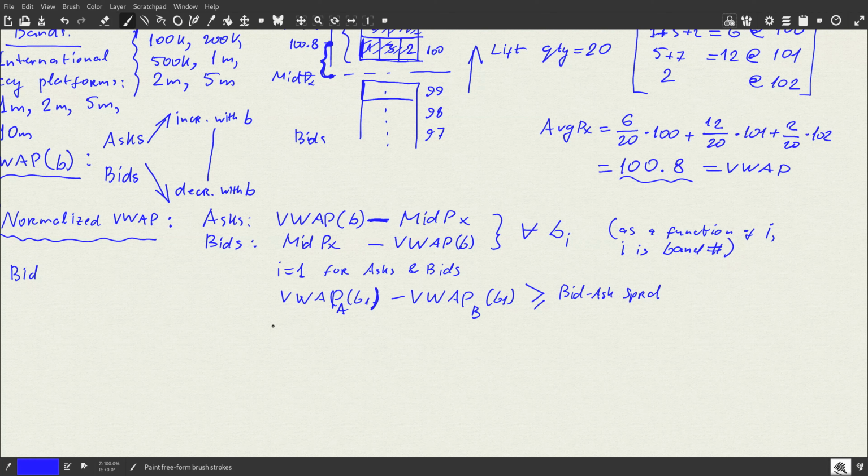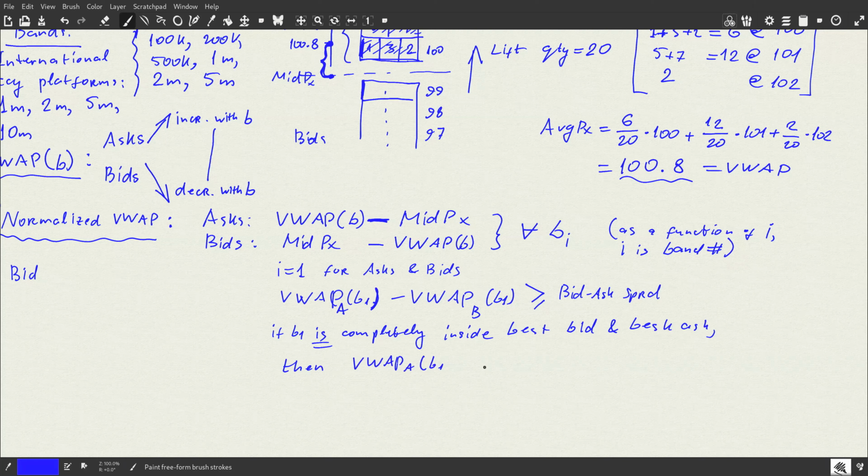So if B1 is completely located inside best bid and best ask, then obviously VWAP ask of B1 minus VWAP bid of B1 will be equal exactly, not just greater than or equal, but will be equal to bid-ask spread.